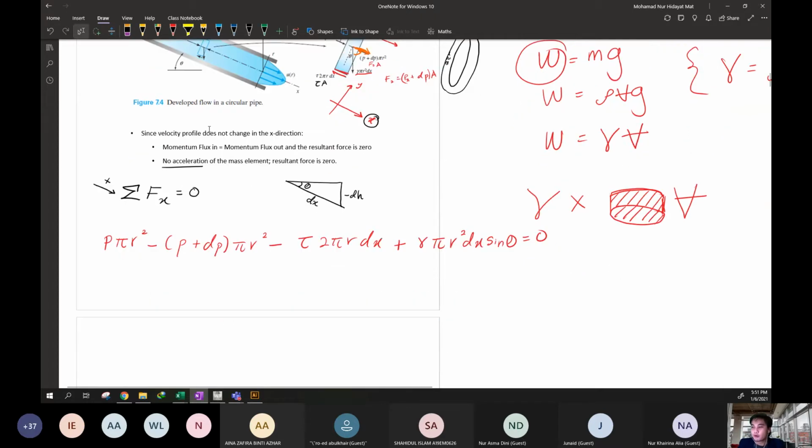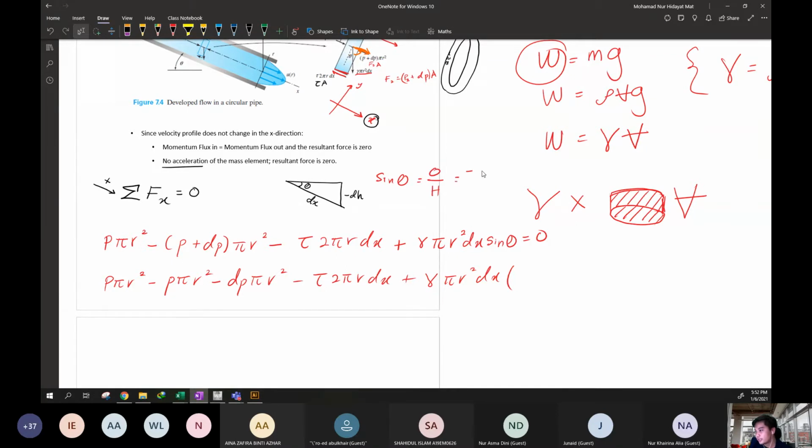Okay, so from here, let's expand: dp pi r squared minus tau 2 pi r dx plus gamma pi r squared dx sine theta. Where do we get sine theta? From here: sine theta equals opposite over hypotenuse.